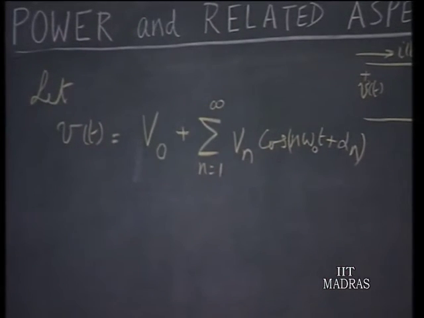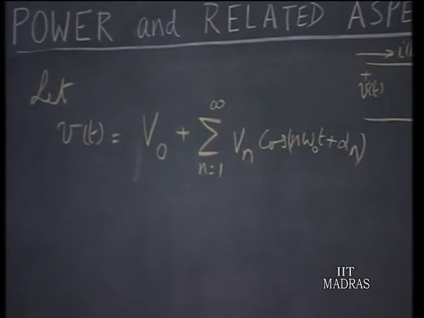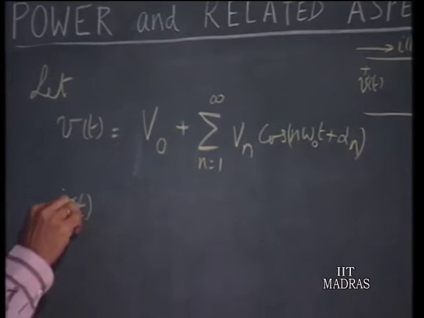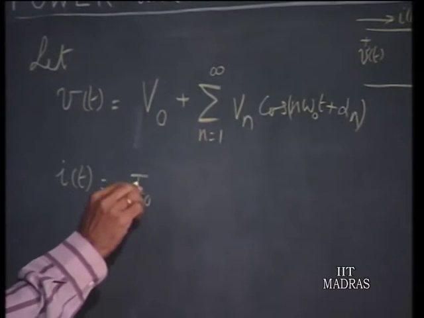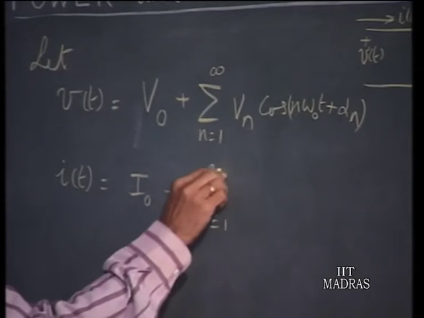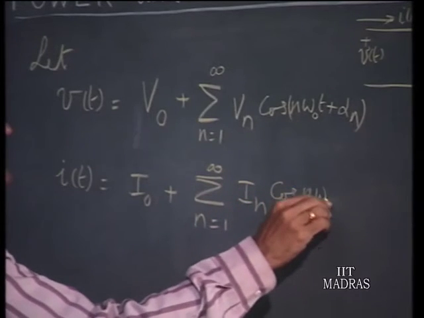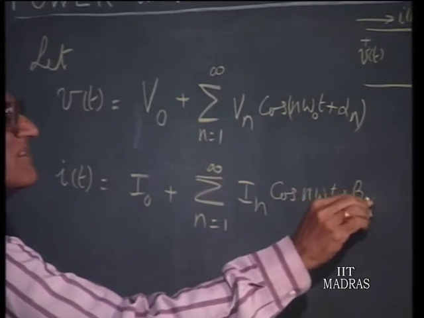So that is the Fourier series expansion for the voltage wave, which is periodic with a fundamental frequency omega naught. This is the amplitude of the nth harmonic and this is the DC term. And likewise, let the current waveform be I naught plus the sum from n equals 1 to infinity of In cosine n omega naught t plus beta n.